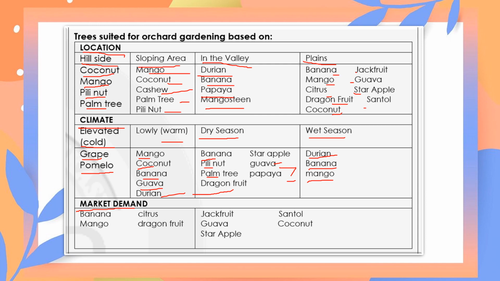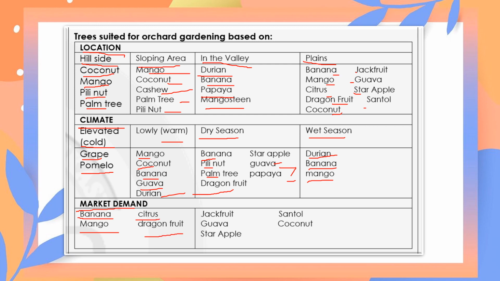Okay, next, market demands. So mostly, when we say market demand, most people are buying it. So we have banana, mango, citrus, dragon fruit.